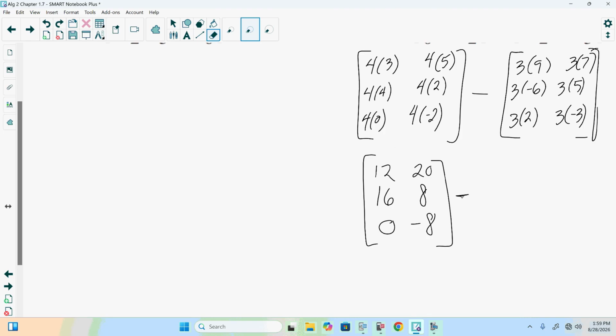Minus 3 times 9 is 27. 3 times 7 is 21. 3 times negative 6, negative 18. 3 times 5 is 15. 3 times 2 is 6. 3 times negative 3 would be negative 9. We good so far?